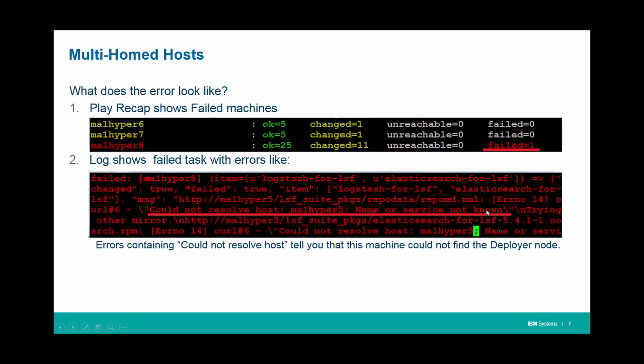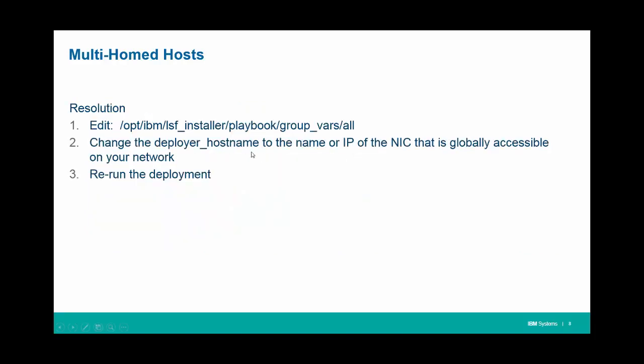Basically it couldn't resolve something. You can see here it's actually trying to access the LSF suite packages, the RPM repository that we created on the deployer node. It wasn't able to resolve who the deployer was. This is pretty easy to resolve, and there are a couple of ways you can do it. One, you could of course fix your hostname resolution. That's one way.